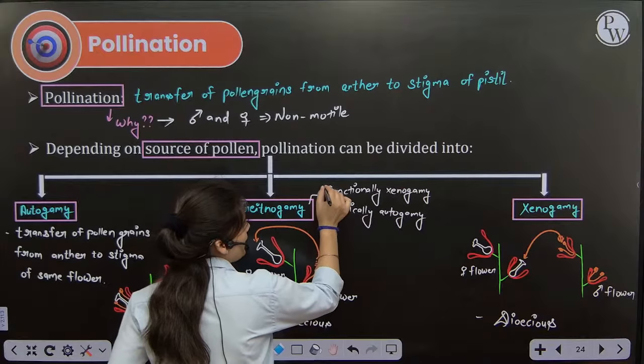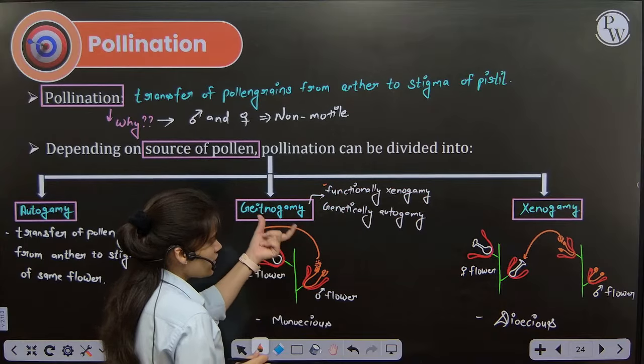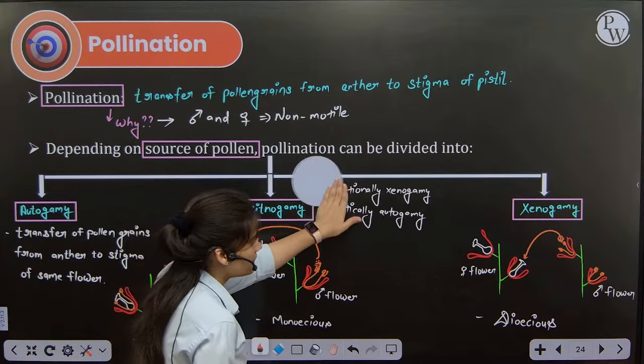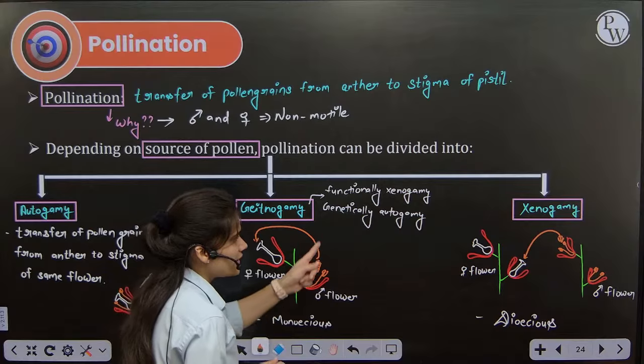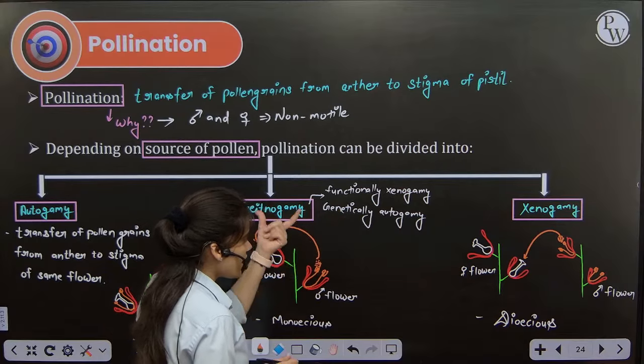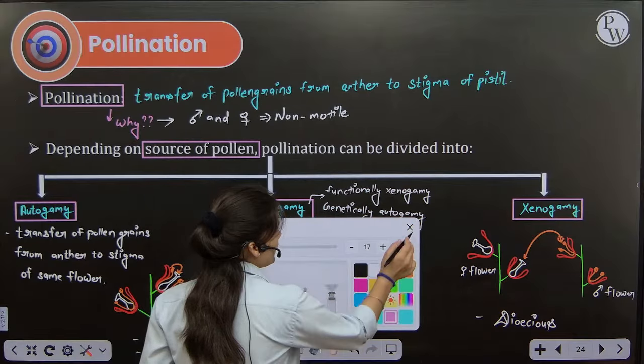Can we say geitonogamy is functionally xenogamy? Functionally it is cross pollination, but as it is the same plant, the genetic makeup is the same for both flowers.